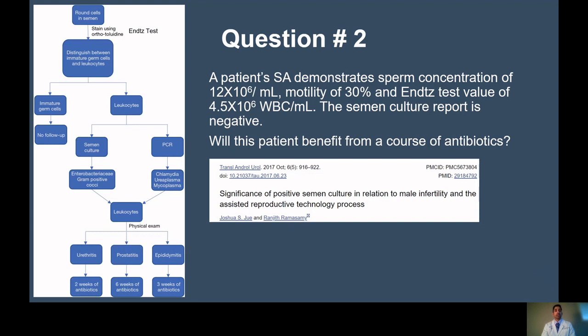Another important clinical question in this case is, was the partner treated? So an infection such as gonorrhea, chlamydia, ureaplasma, mycoplasma can be transmitted from the male to the female or vice versa. So if you're only treating the male, it is possible for the male to continue to get reinfected if they're still sexually active with their partner. So it is important to document or note whether the female partner has been treated as well.